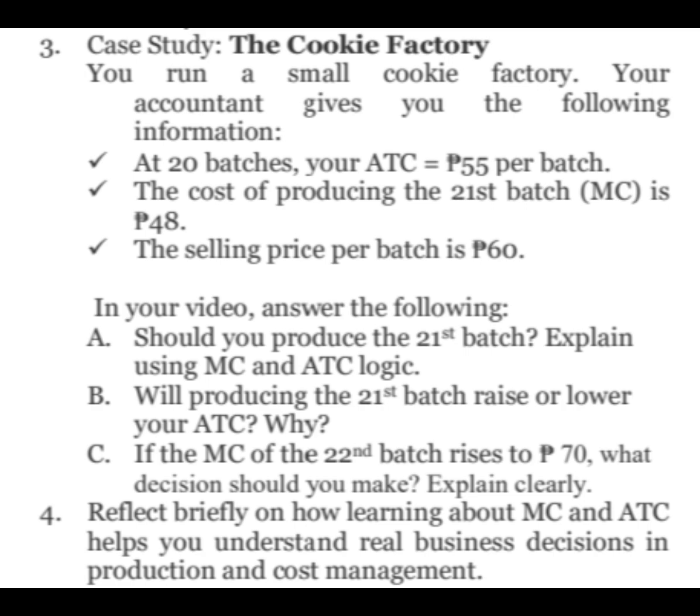Producing the 22nd batch would result in a loss. Additionally, it would likely raise ATC, making it an unfavorable decision from both a profitability and cost efficiency perspective.